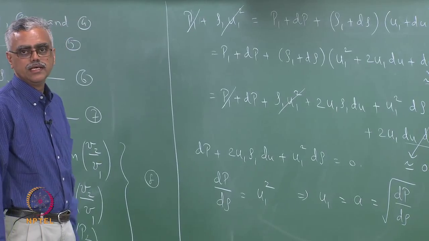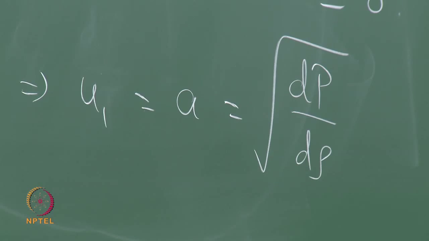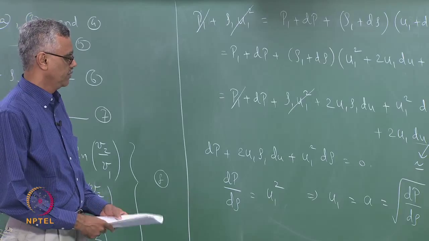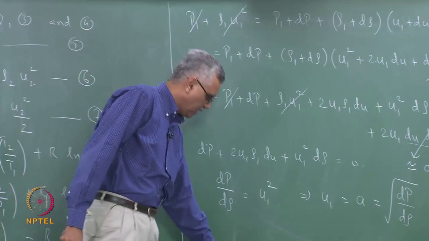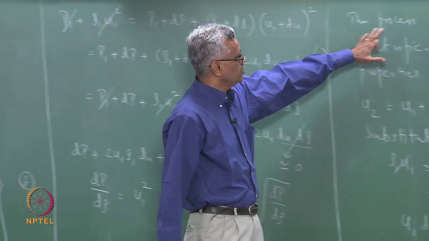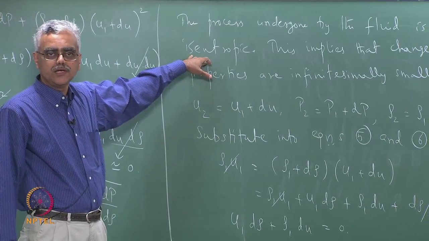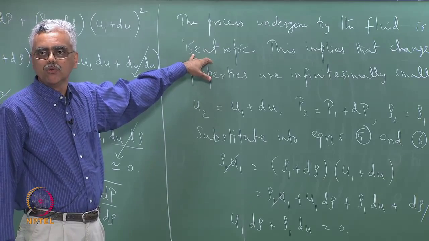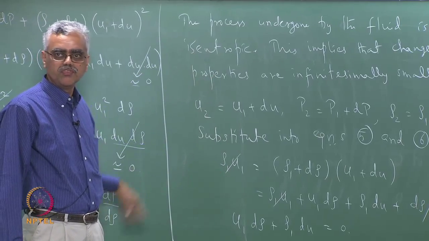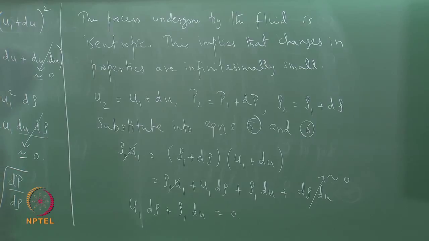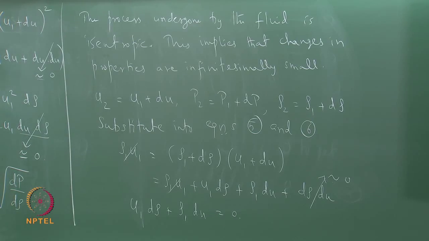Okay, so this is the speed of propagation of an acoustic wave or a sound wave in a compressible medium, in a quiescent medium. We have not made use of the fact, remember we said that the process undergone by the fluid is isentropic, right. That means that entropy change across the wave is also equal to 0. So we should be able to simplify this further by using that fact. Okay, that is what we are going to do next.